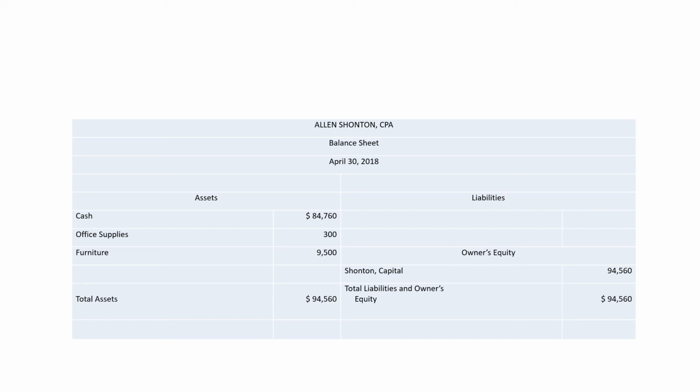So all we do is transfer that final amount over to the balance sheet. So Shotton's capital is $94,560. We then add the liabilities and owner's equity together and double underline that. Assets must equal liabilities and owner's equity.